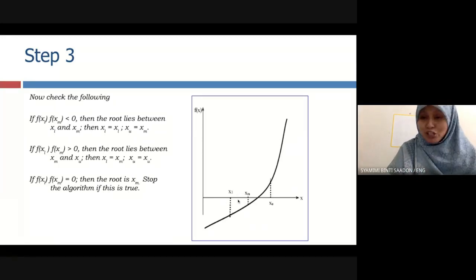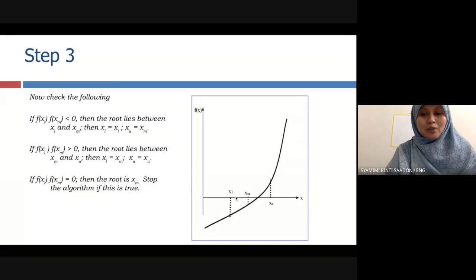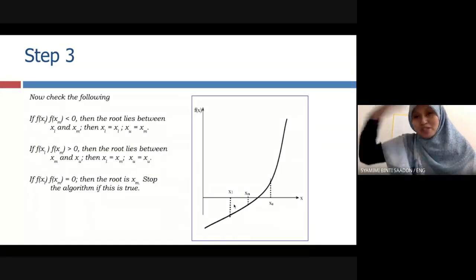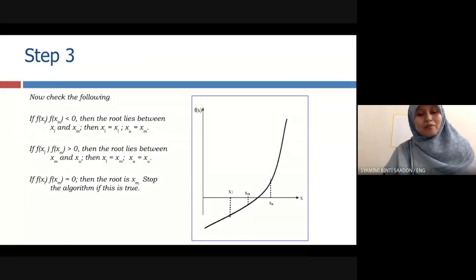Here we assume that if the signs of f(XL) and f(XM) are opposite, the root must lie between XL and XM. So before we proceed to another round of calculation, we have to assume again that XL is still XL, but XU for another round is now XM.